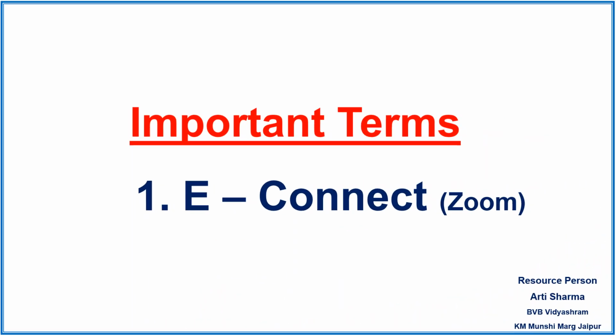So in this video, I will talk about eConnect. eConnect means we are planning our meeting with the help of Zoom. Whenever we schedule our meeting with Zoom, it creates one invitation. That invitation we can give to the students through maybe WhatsApp, and students join us in that meeting.